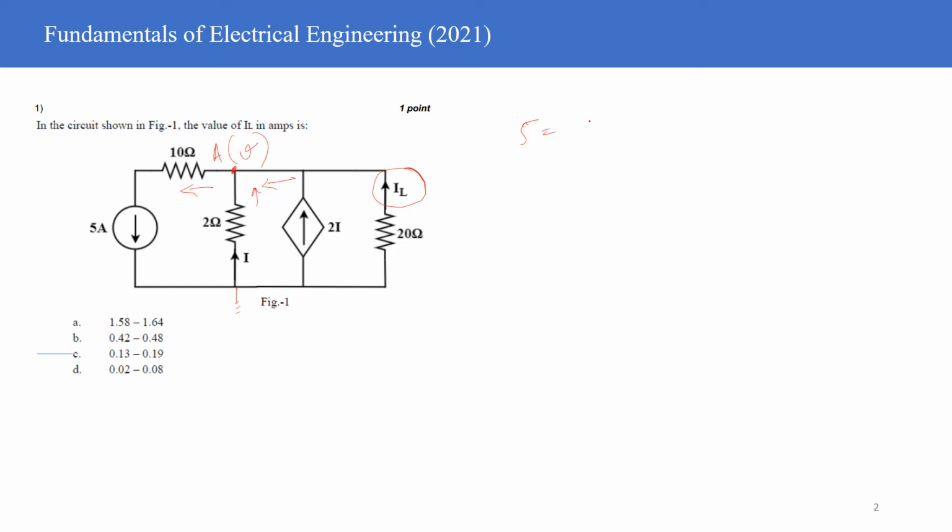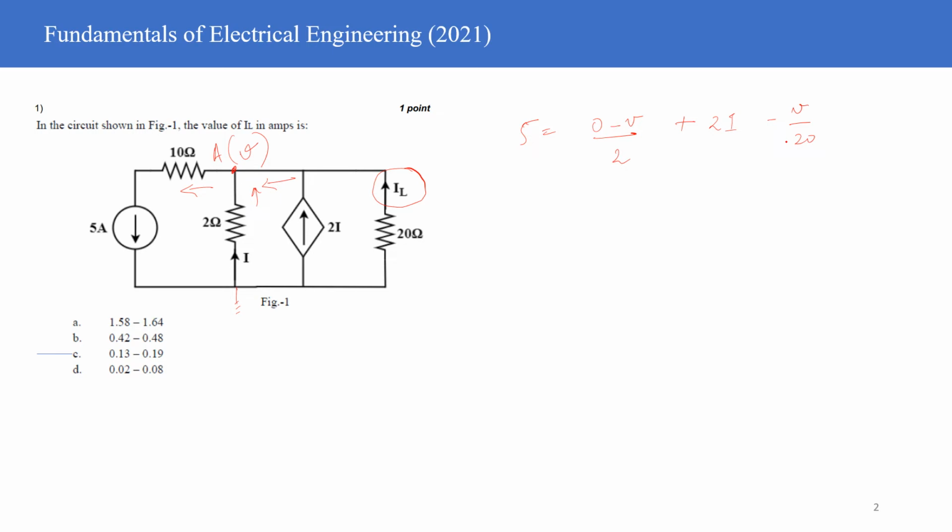So I can write zero minus voltage V divided by 2 ohms, right? And then the other current will be 2 ampere minus V by 20, right?